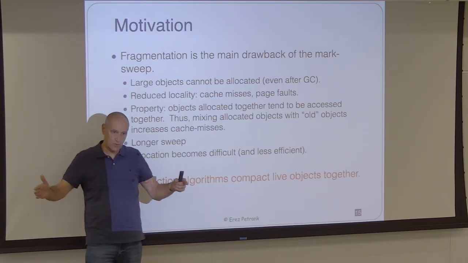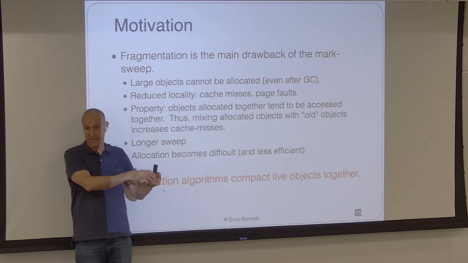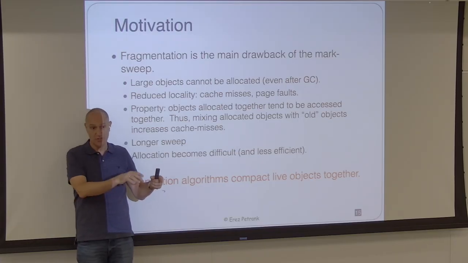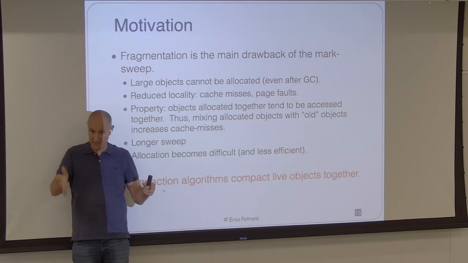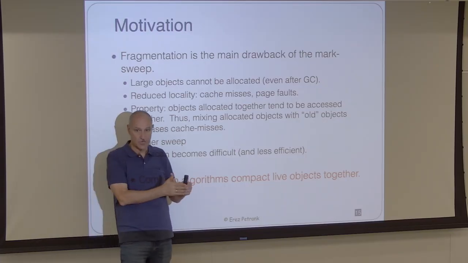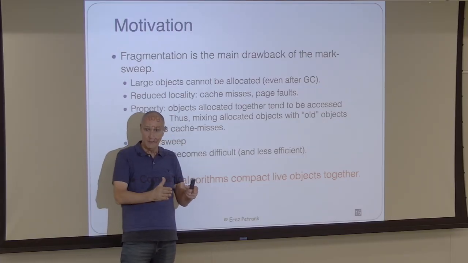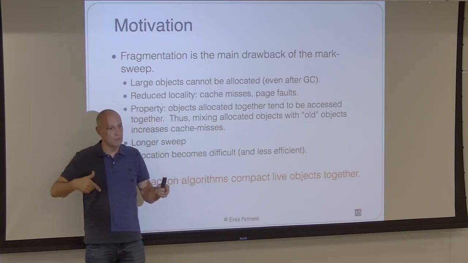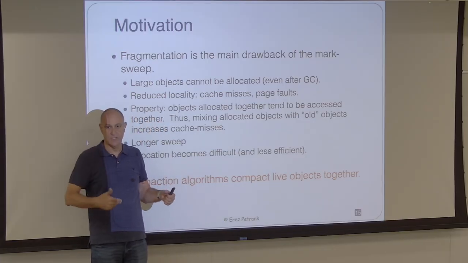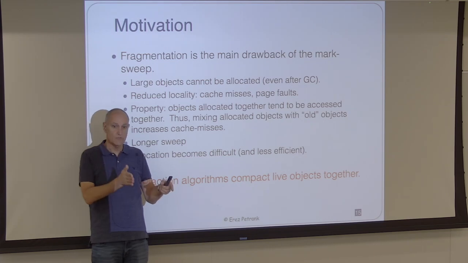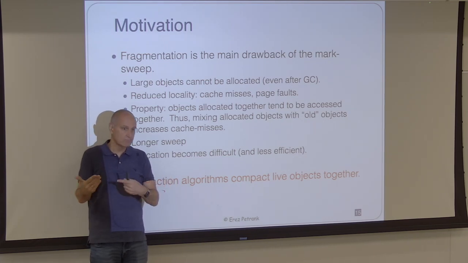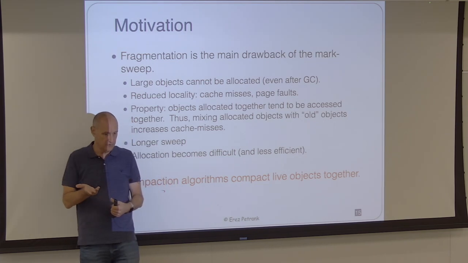So if I allocate consecutively things that come next to each other in time, so I want to allocate 4 objects, if I allocate them one after the other, then it's going to be good for performance later in the execution, because these objects are going to be touched together in time, also in the future.